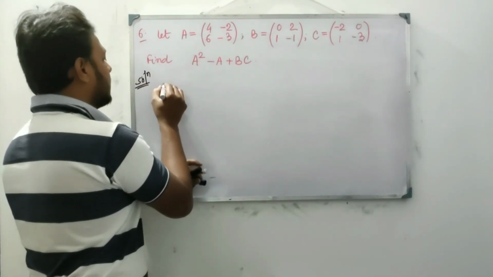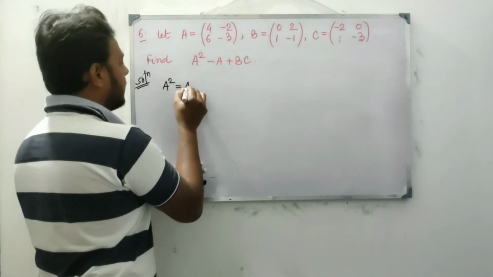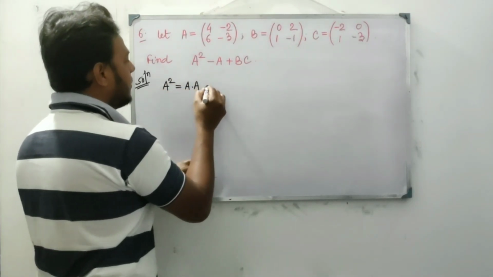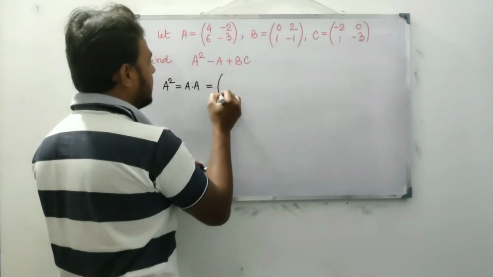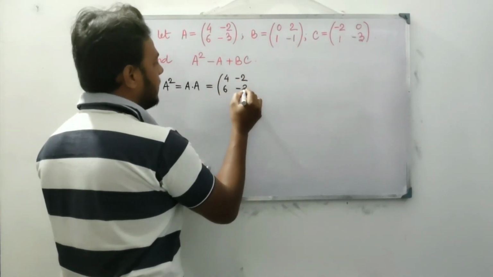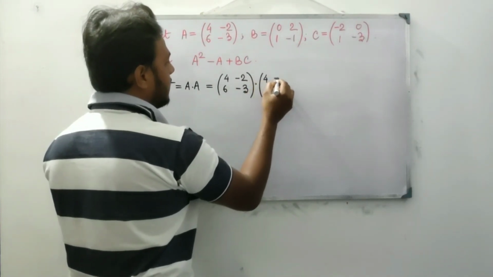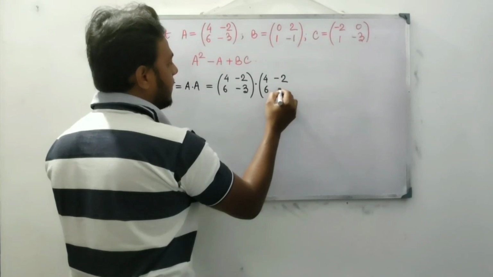A square means we can write A into A. So we need the concept of matrix multiplication. A into A means the matrix 4, minus 2, 6, minus 3 into 4, minus 2, 6, minus 3.